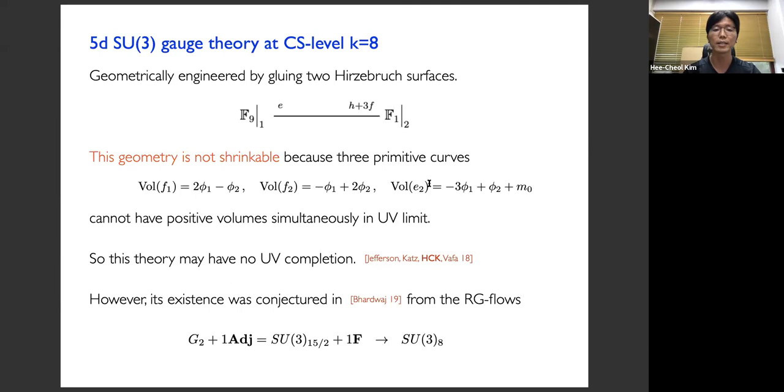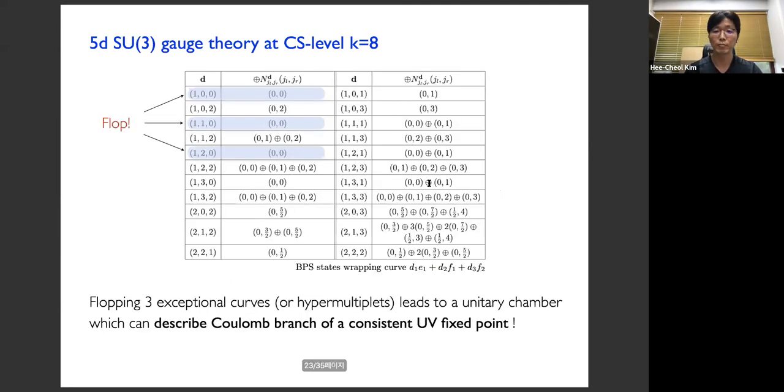We can check if it's true by looking at the spectrum of the theory. We computed the spectrum of this theory by using the blowup equations, and this is the result. It turns out that all the states captured by this table and by the blowup equations have non-negative masses in the UV limit, except these three states. And these three states are coming from exceptional curves.